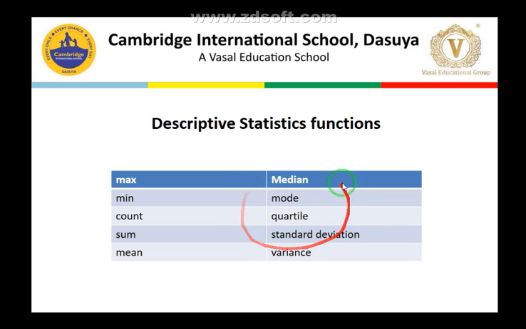Coming back to the PPTs, for students in descriptive statistics, these are the functions that we have covered till now. We have applied these functions one by one. It's very important to use these functions, and first we know the meaning of these functions, and then we get the results.